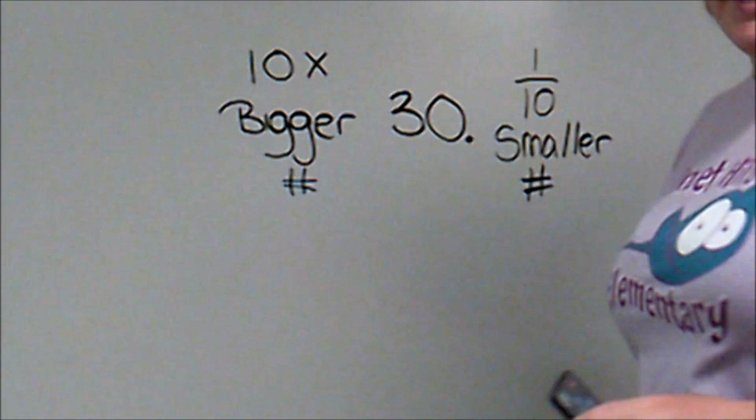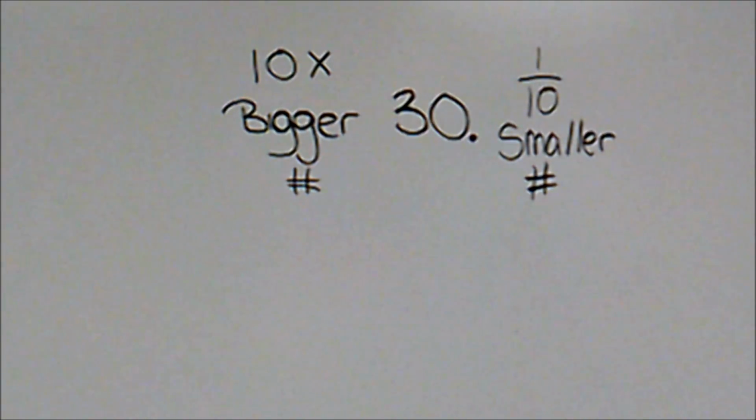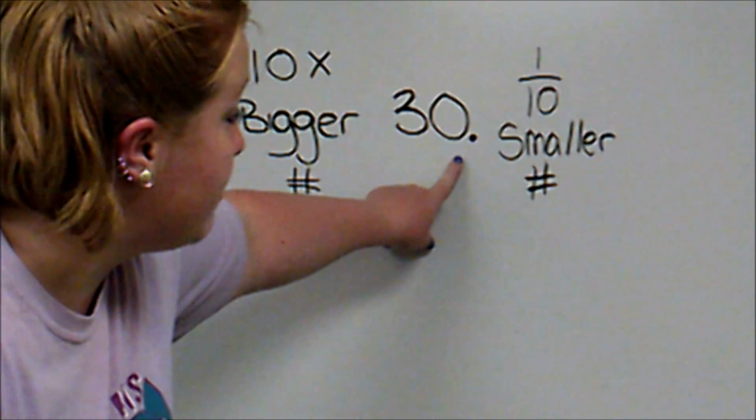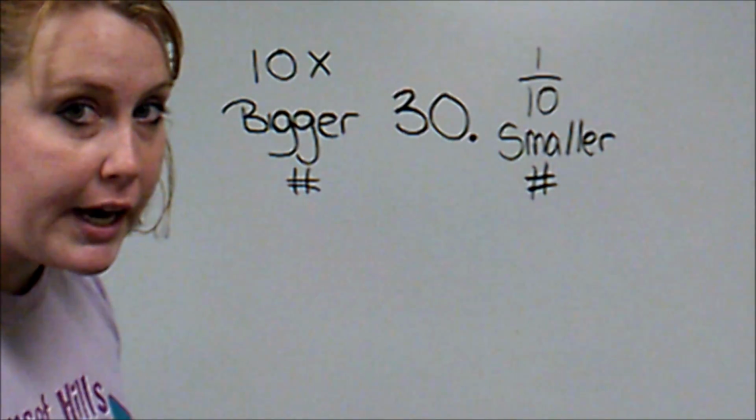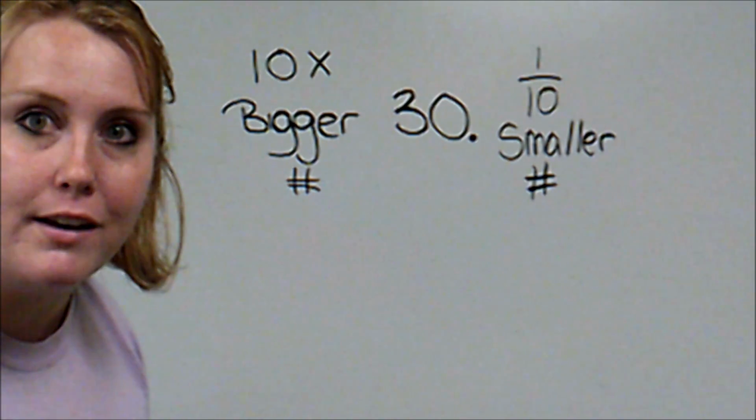There's a couple ways that I can do this. I could choose to actually do the multiplication out, and I can multiply 10 times 30 and figure out what that product is, because it does say times that number. Use that invisible decimal that we have here that lives behind every whole number and use that to our advantage. It's there. Why not use it, right?